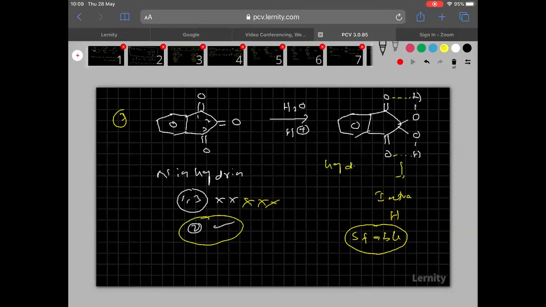This is called the hydrate of ninhydrine. So reaction takes place at second C double bonded O group, but not 1 and 3. Hope you are able to understand this one.